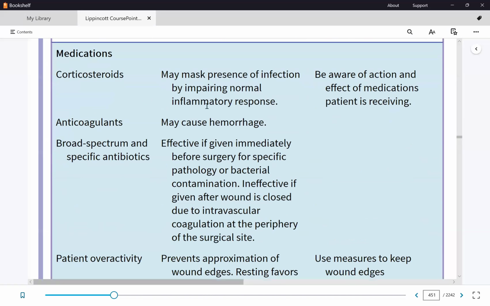Anticoagulants, for patients who have AFib or a history of PE or DVT, will be on anticoagulants, and that will increase the risk of bleeding.